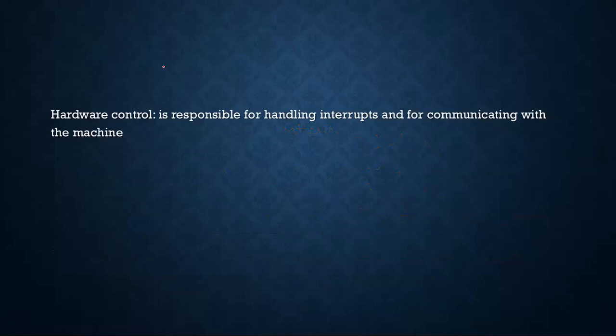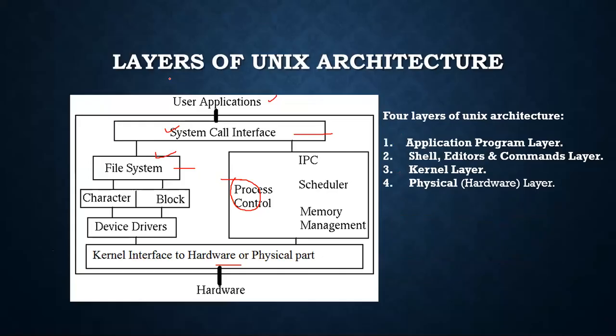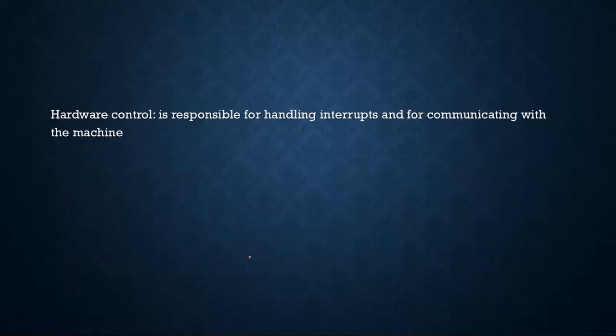So the hardware control, as you have seen, is the kernel, and there is hardware here. This is the last one, the hardware control. We have seen system call, file, and process. Now, what does hardware control do? It is responsible for handling interrupts and for communicating with the machines. It may be like the mouse or the keyboard.